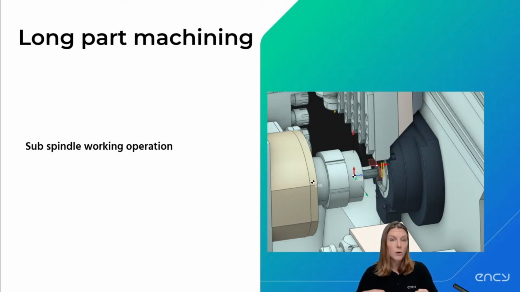So the really long parts cannot be machined in one setup, and we need to make small portions, then rechecking, then again a small portion. So this specific workflow can be managed in ENCY with an additional operation that we will look at right now. It's called subspindle working.